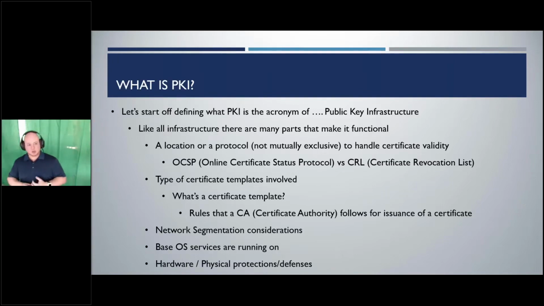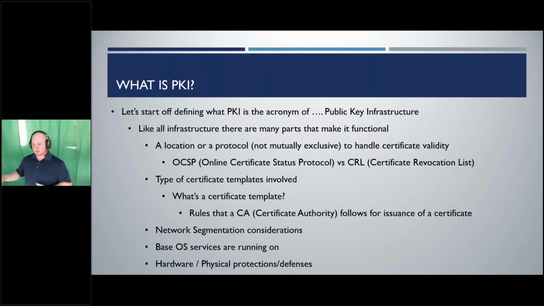Another consideration is that it's exceptionally common to see a Microsoft Active Directory stood up as the underlying operating system of your PKI infrastructure. The call out there is that any of the material weaknesses or insecurities of how you've designed your domain and/or the underlying OS are going to impact your PKI.